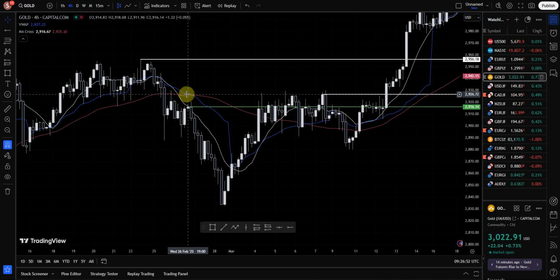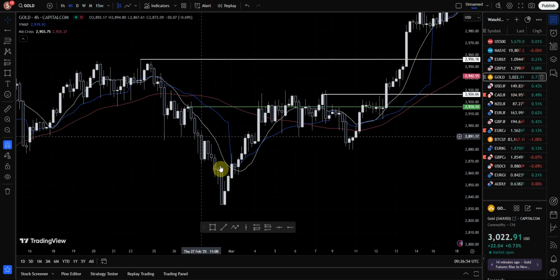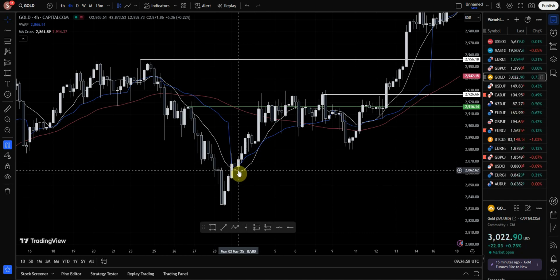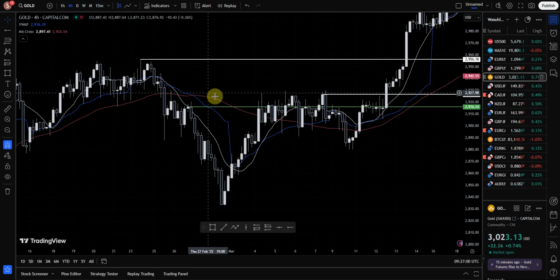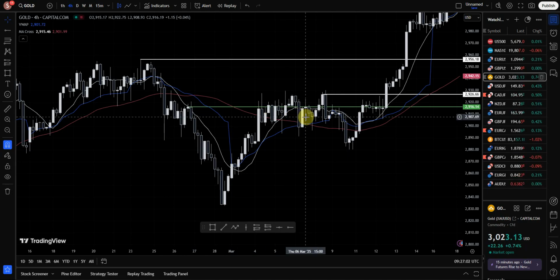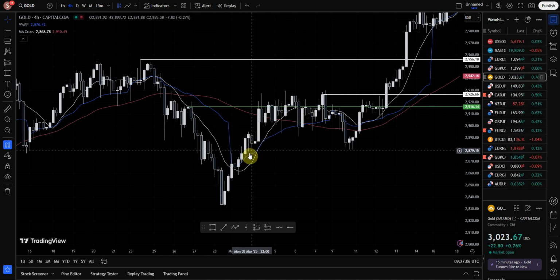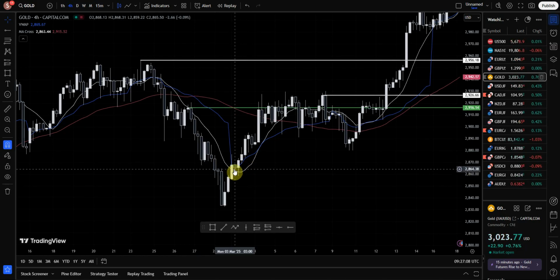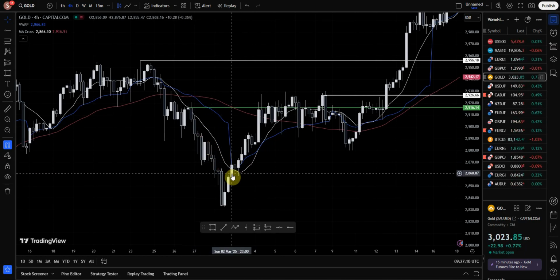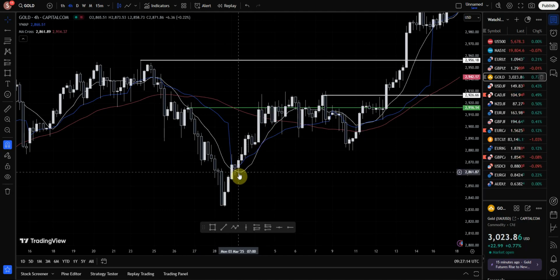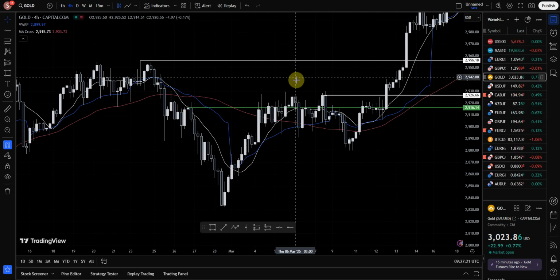Note here the major trend is bearish because price is below the 50 moving average, but here the VWAP is trending in the opposite direction as the 50 moving average. So for this trade to qualify as an anti-trend trade, price, the VWAP and the 10 moving average need to be moving in the same direction, and price needs to break the VWAP and the 50 moving average in that direction.